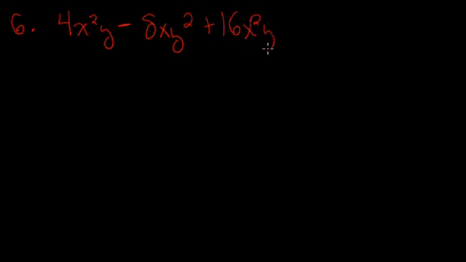Now you'll find the variables are quicker to see, so let's get our variables done first. The first term has an x squared and a y. The second term has an x and a y squared. And the third term has an x squared and a y squared. So they all have x and y.